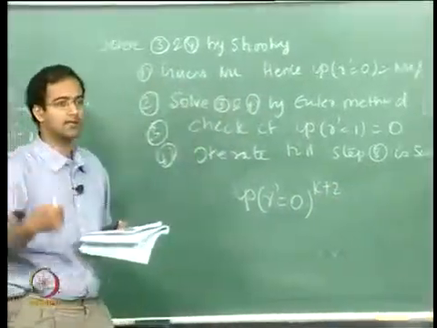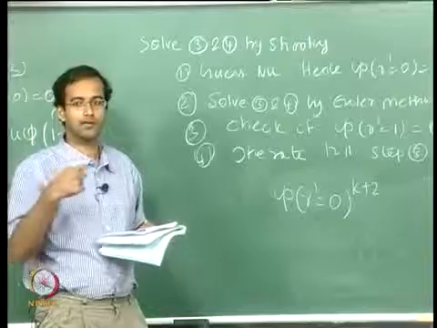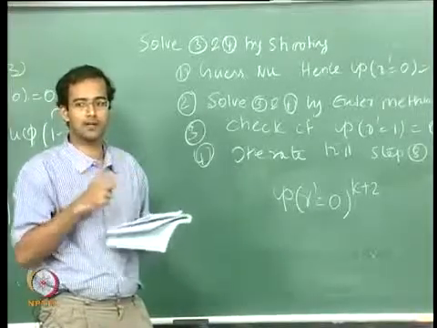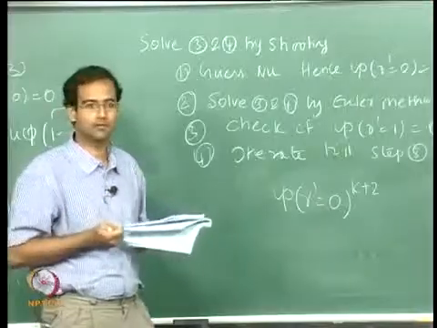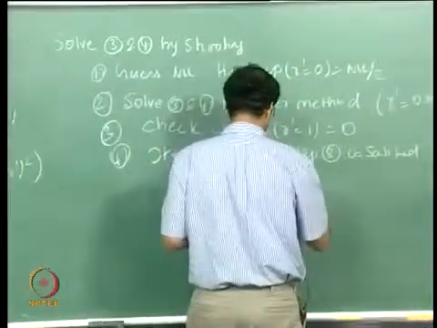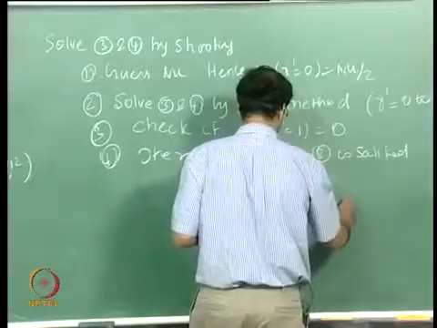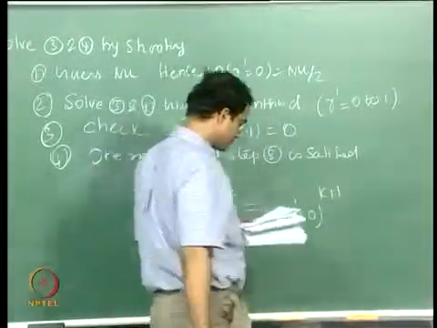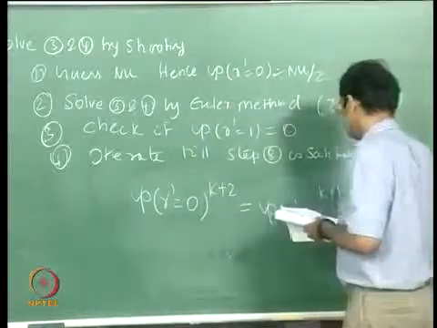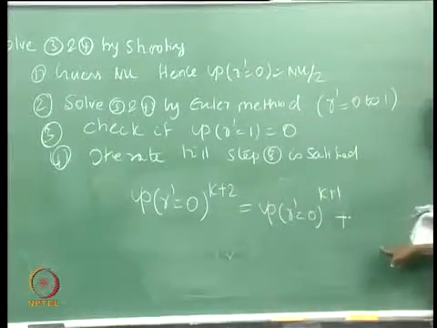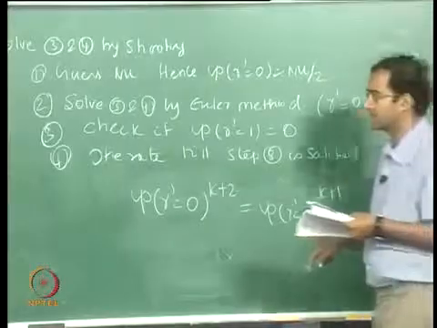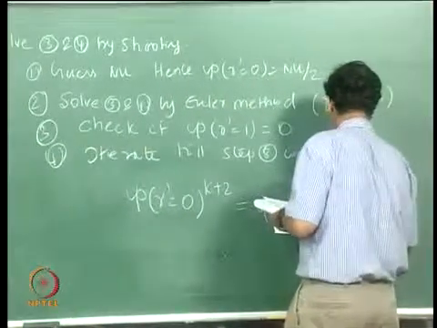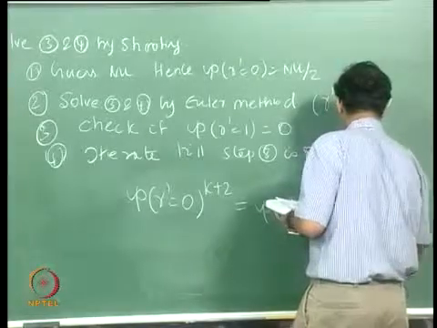So you first guess once, you guess twice, and then for the third guess you use the Newton-Raphson method, because again it needs at least 2 guesses to calculate the difference. So this will be equal to psi at r prime equal to 0, k plus 1th guess, plus f of x divided by f prime of x. Now f of x is the condition that psi should be equal to 0.